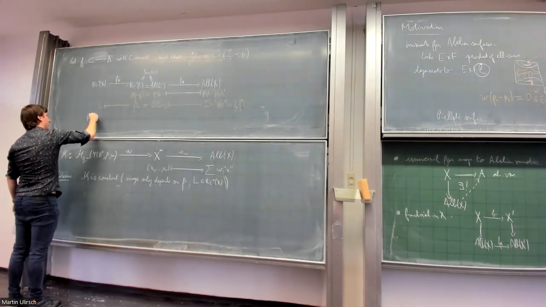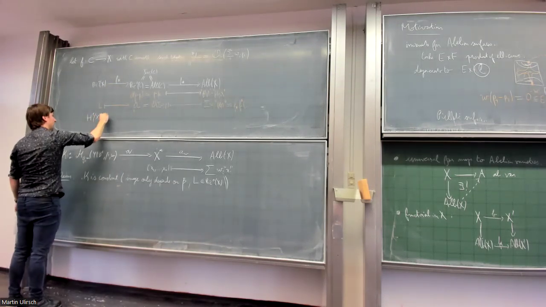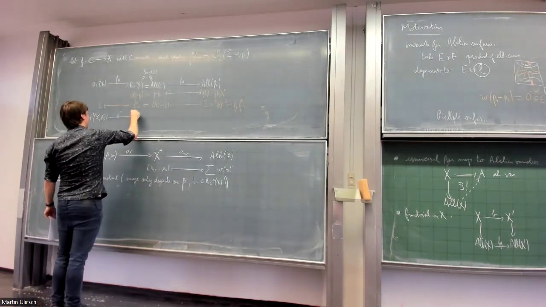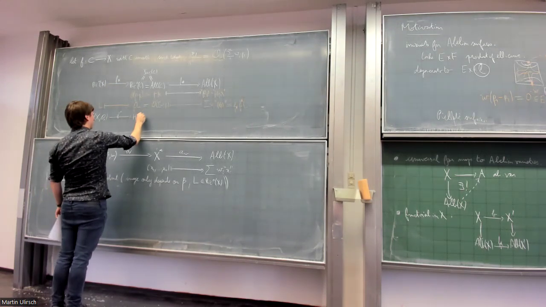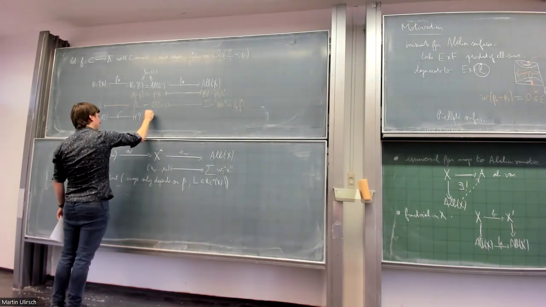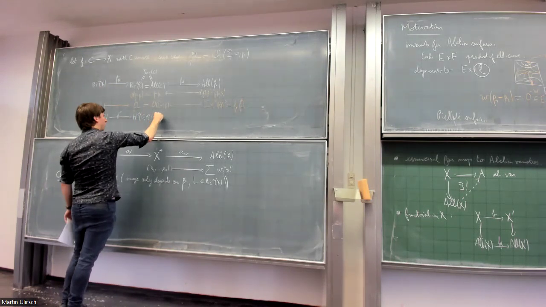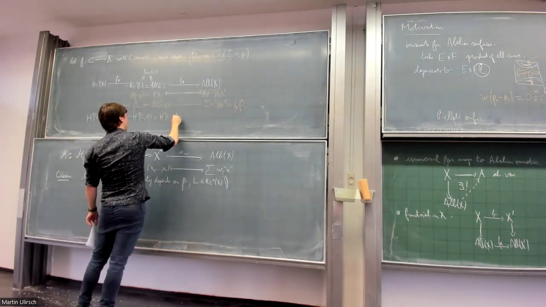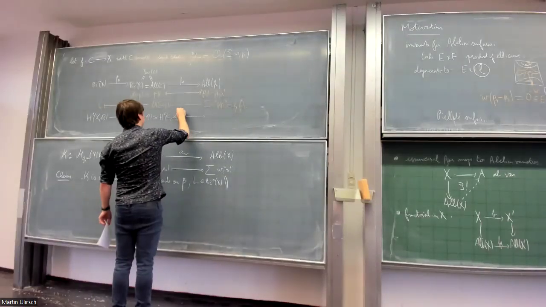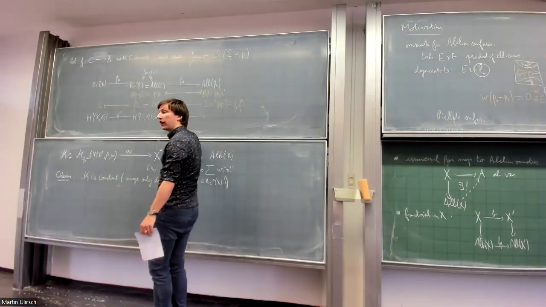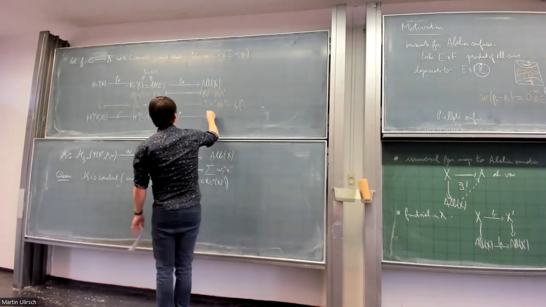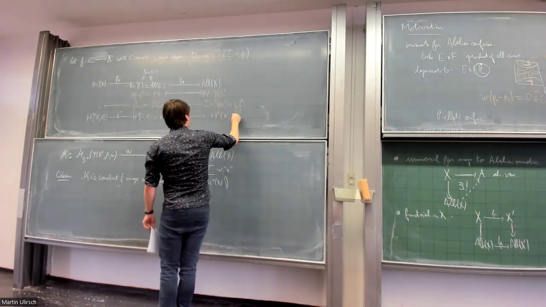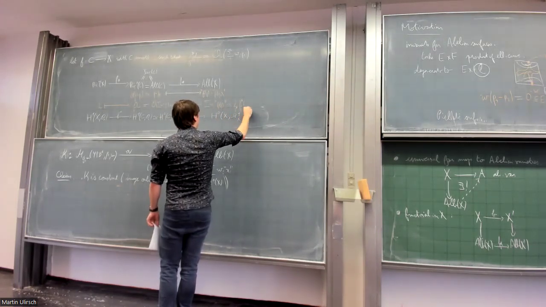Basically, I have H1 of X, O_X. I pull back to H1 of C, O_C, which is in fact the dual to H0 of C, omega 1 of C. And this is by Serre duality or Poincare duality, depending on how you see it. And then I push forward to H0 of X, omega 1 of X, dual.